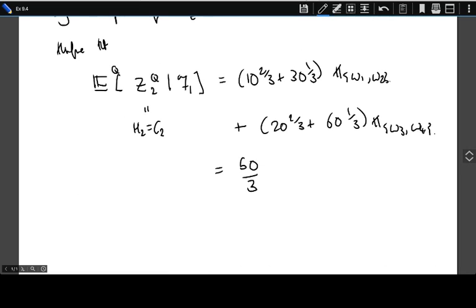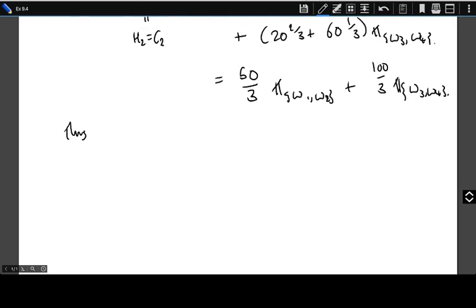Just doing the arithmetic, that's 50 over 3 on the first event and 100 over 3 on the second event. And that should be an indicator. It looks more like an H, but it should be an indicator.